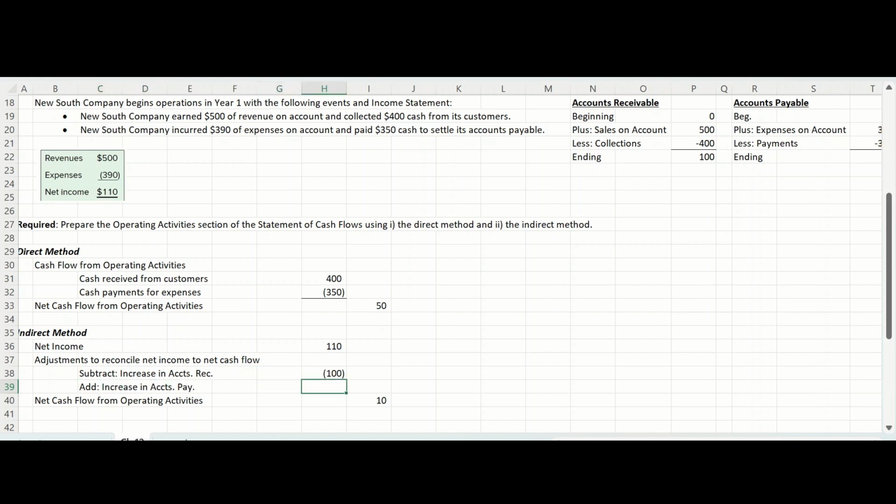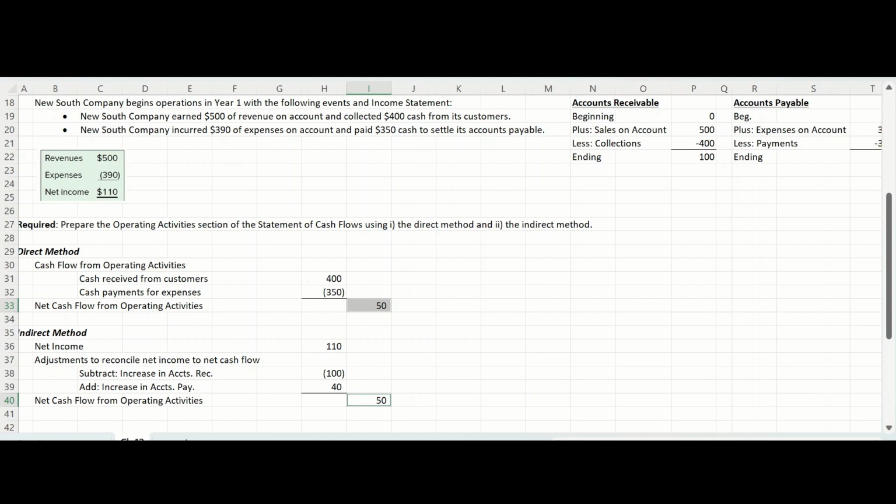So add an increase of accounts payable of $40 gets us to a net cash flow from operating activities. Now, again, it's important to note that no matter the method used, we see that net cash flow from operating activities is $50. So it's the same end result.